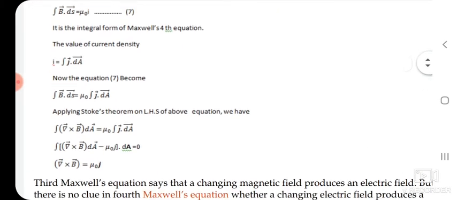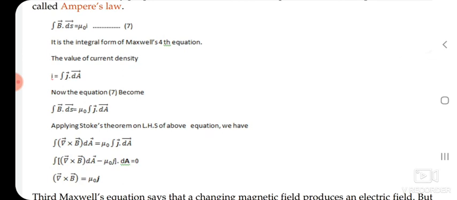If we substitute the value of I in equation 7, it becomes the line integral of B dot dl equal to mu naught times the surface integral of J dot dA. On the left hand side we have a line integral, on the right hand side we have a surface integral.